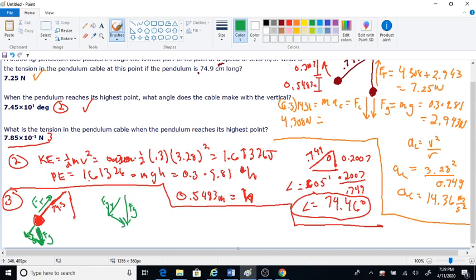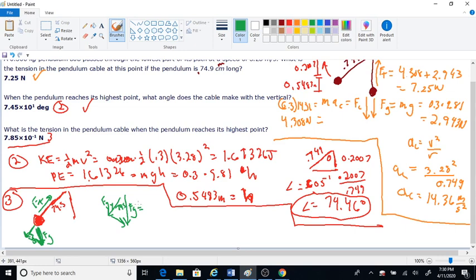And we don't care about this right here, but this is 74.5 degrees. Okay? So this is this triangle right there. So we know gravity, and then we just need to split it and find this, and that will be equal to our FT because it's in equilibrium there. And there's no centripetal force because it's at its peak.